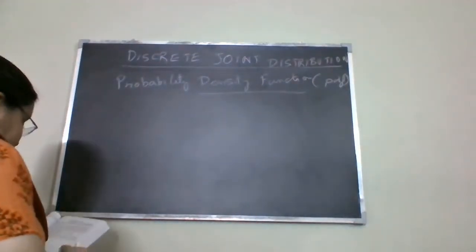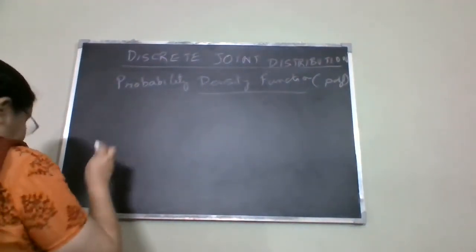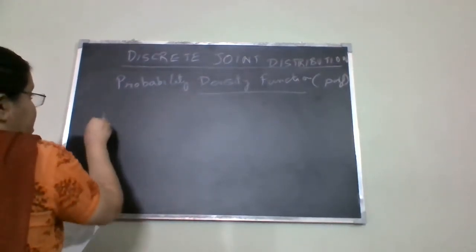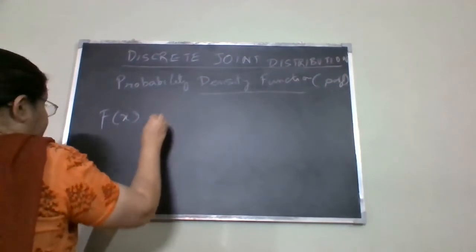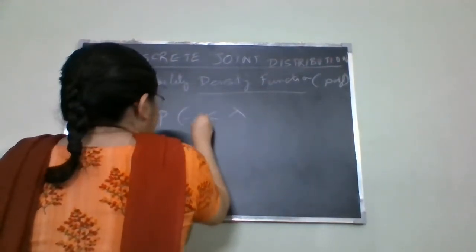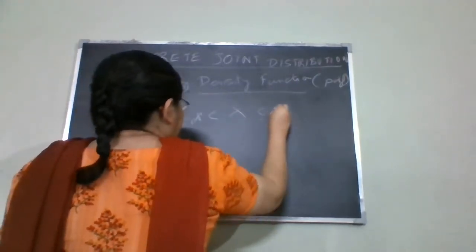So let capital X be a continuous random variable with a distribution function. Just in the last video we have studied what a distribution function is. So capital F(x) is equal to P(-infinity < X <= x).